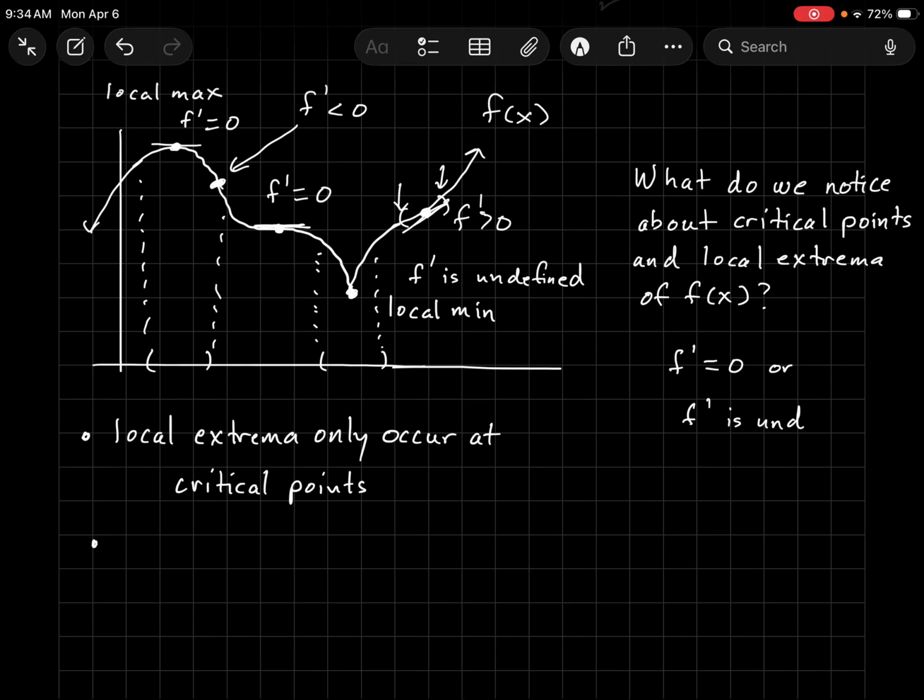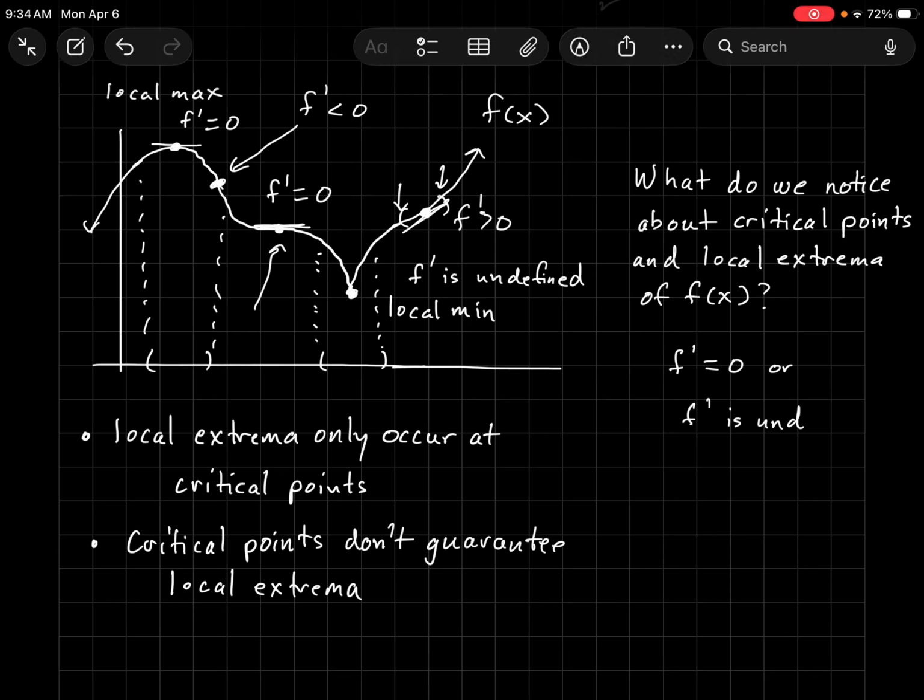But critical points don't guarantee local extrema, as we see by that one example that I placed in our graph right here.